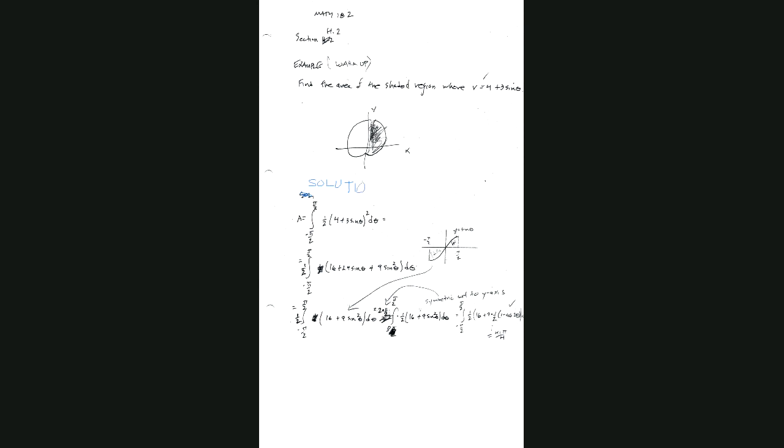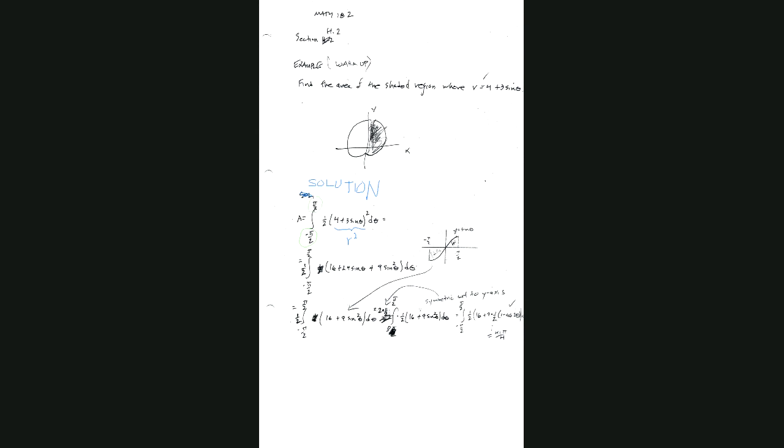So the area is going to be the integral of 1/2 r squared d theta, and theta goes from negative 90 degrees to 90 degrees, and it's just computation.